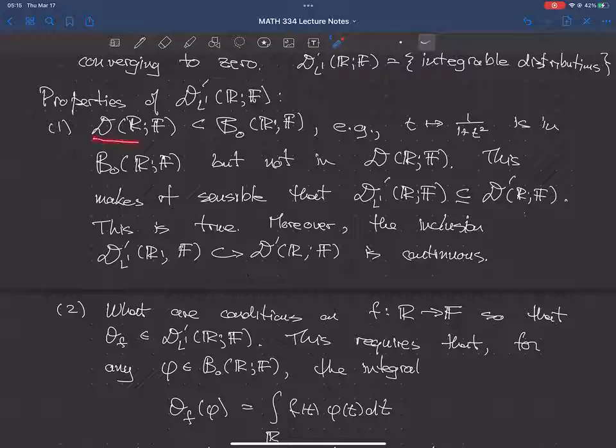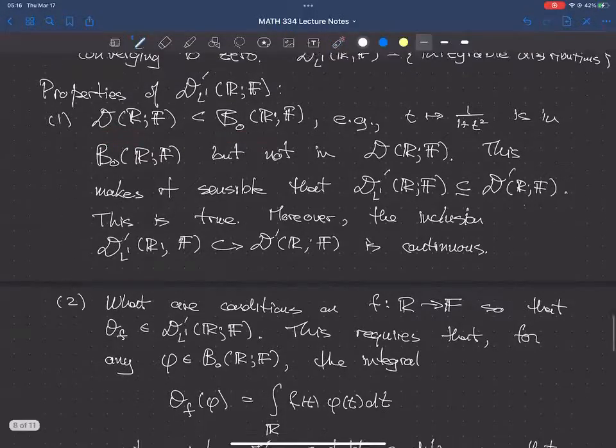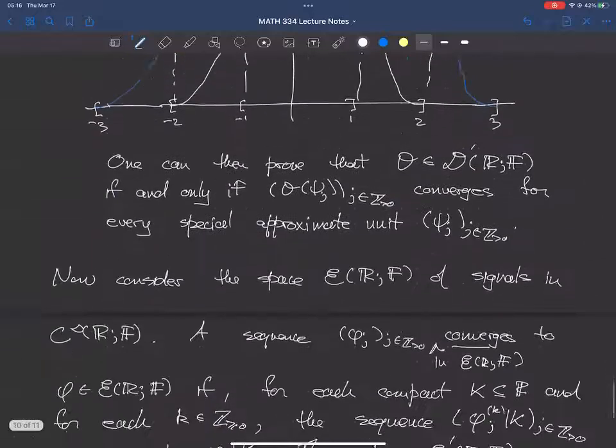This is typically going to be the smallest class of test signals, so they're going to be included in all the other ones. That's not exactly true. We're going to see one important class which doesn't include these, but for many of them, D is contained in whatever the new class of test signals is, and that's true here too.